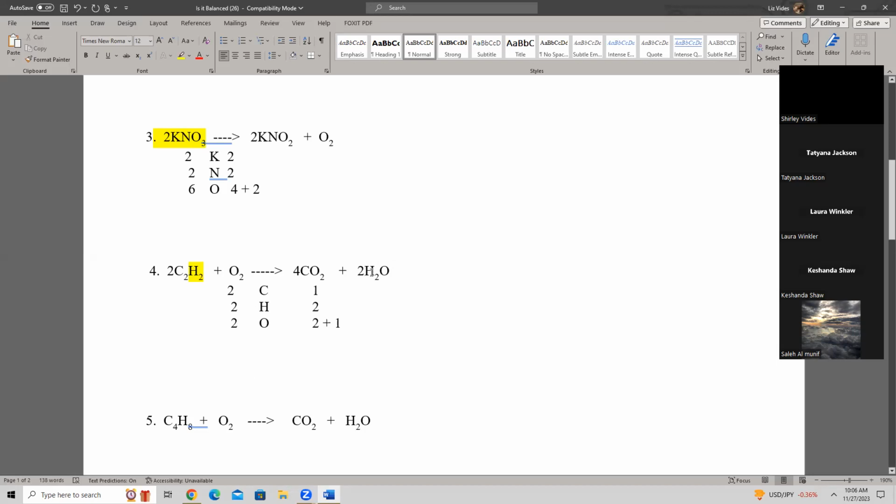So let's go back and do the right thing like we're supposed to. Once we put a 2 there, that becomes a 4, right? That becomes a 4, and the oxygen's alone. Okay, so then we put a 2 in front of this one, and that becomes a 4. See, you have to do this. If you don't, you screw it up.